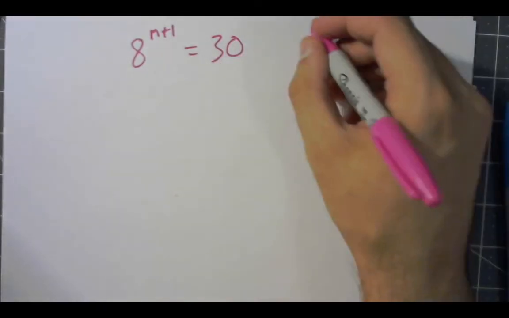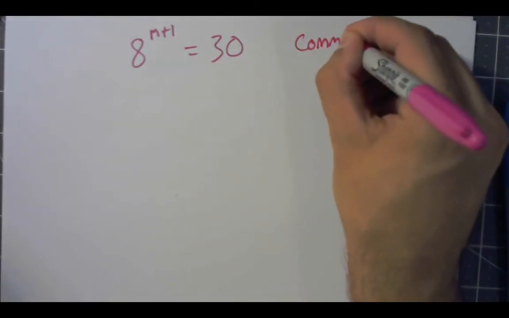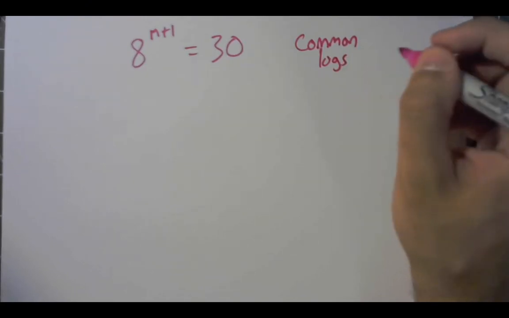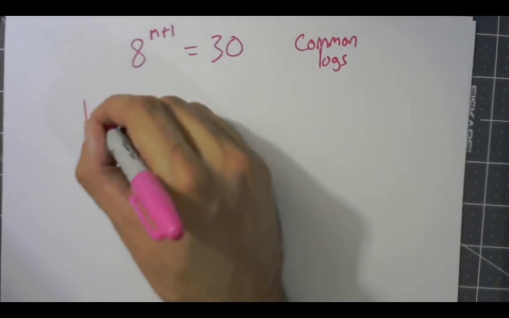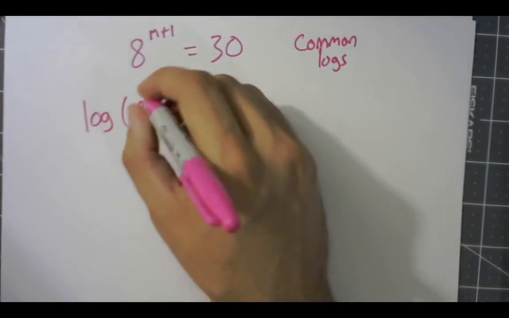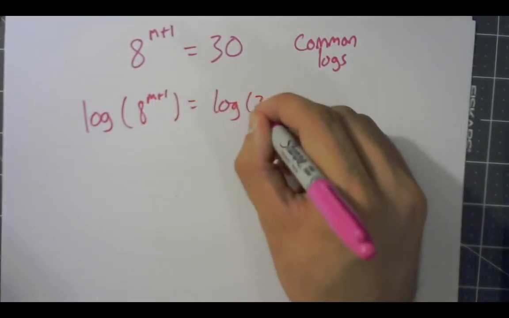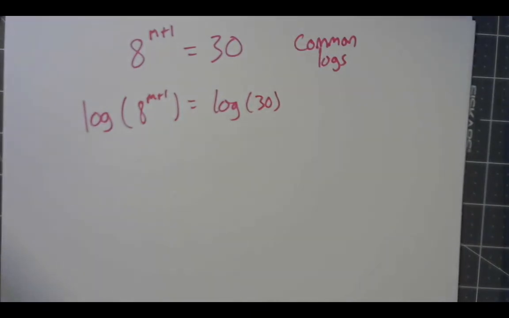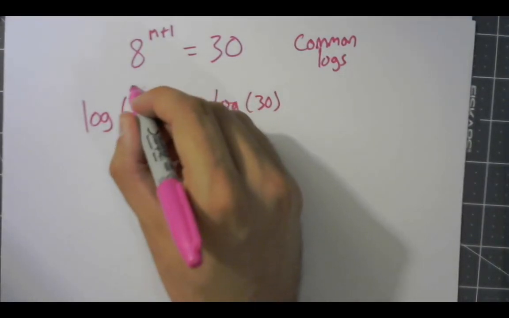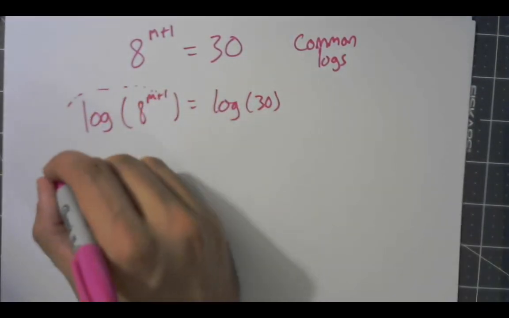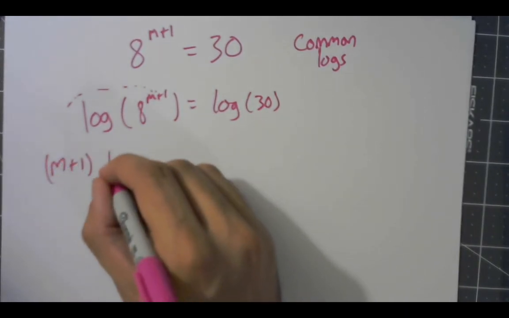So we're going to have to use common logs. I'm going to just take the log of both sides. Next, I'm going to move this term out front. I can do that with logs.